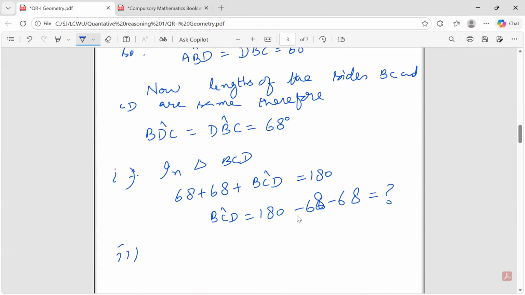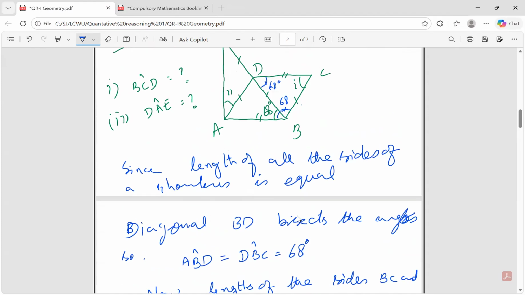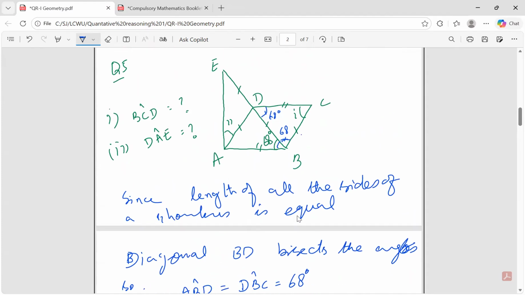Now, the second part. In the second part, again, you need to find this angle. If you produce it to this much length, these two will be vertical angles.